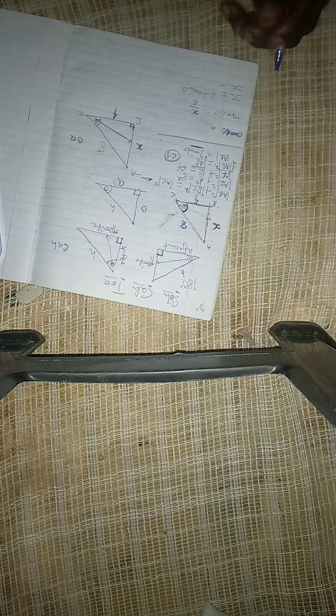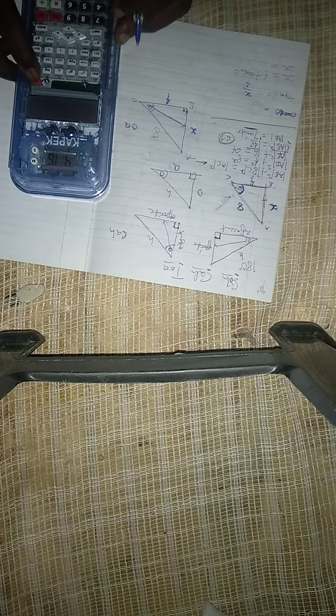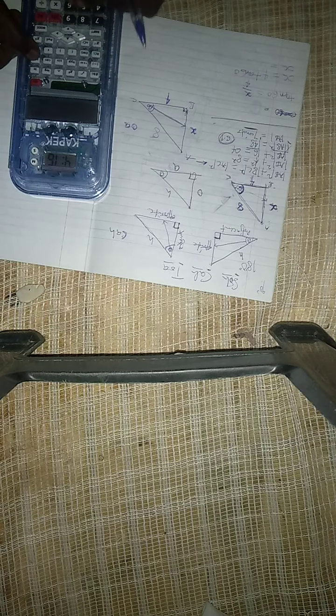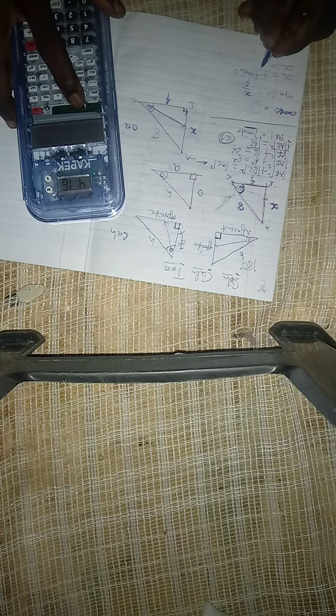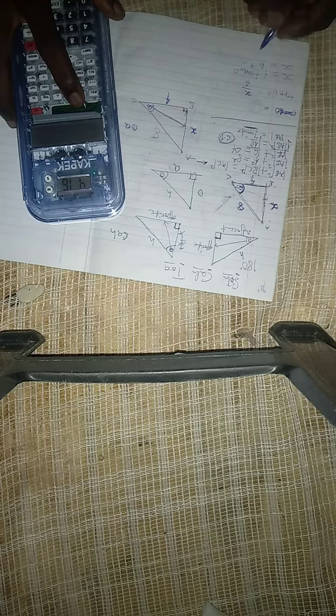Simple as that. So we have 4 tan 60, and we can see that it is equal to 6.9. And 6.9 is approximately 7 units.